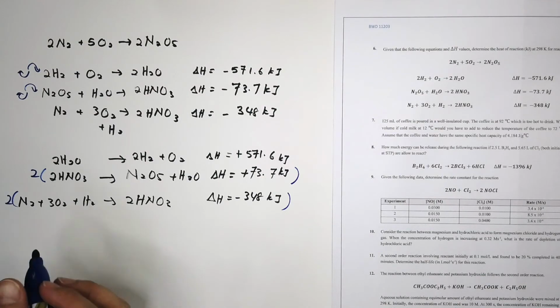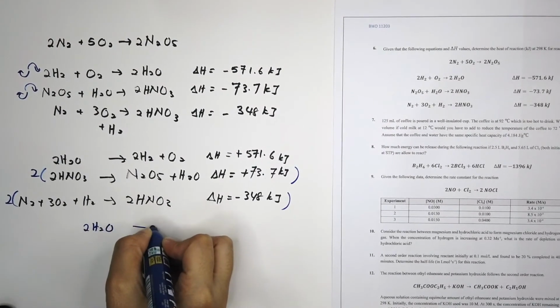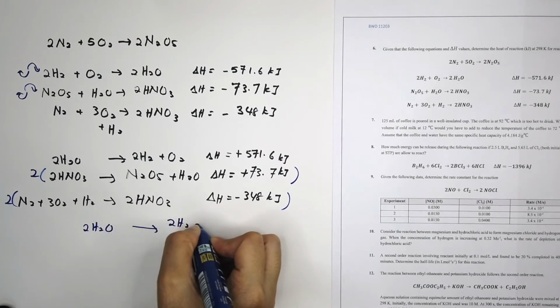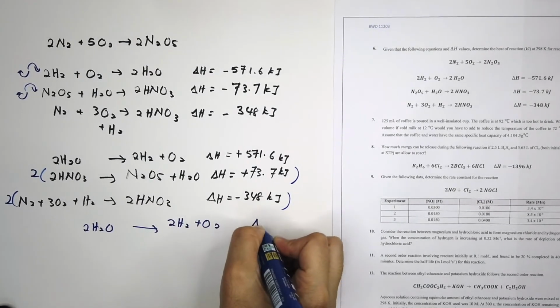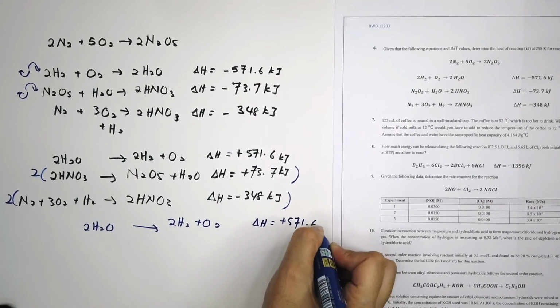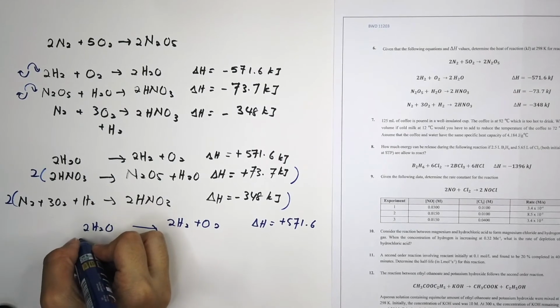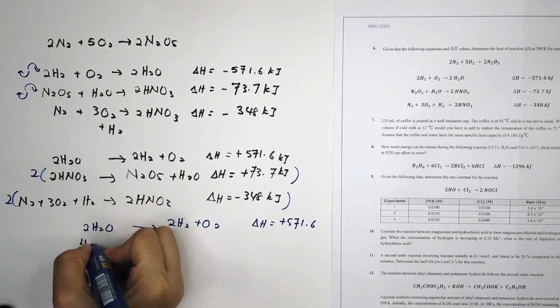It's just a repetition, so I'm going to write this quickly. 2H2O produces 2H2 plus O2, delta H equivalent to positive 571.6. This one shall be 4, 2 times 2 is 4.